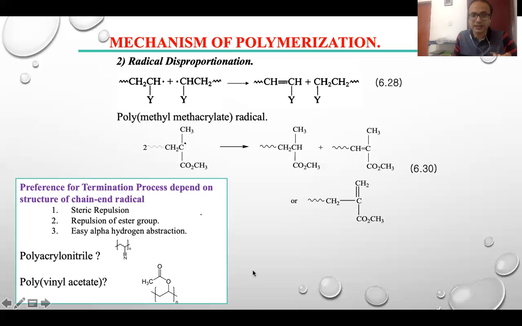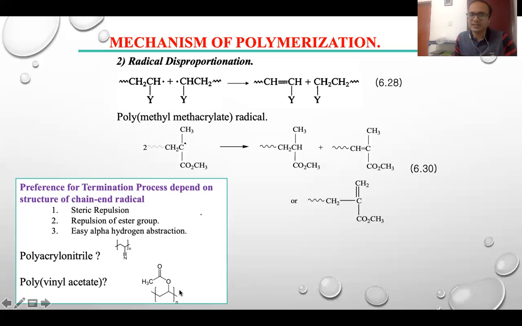So just for practice, let us look into these particular examples here. You can see here, I have given you two different examples. You have polyacrylonitrile. So this is the structure, and polyvinyl acetate. Okay.